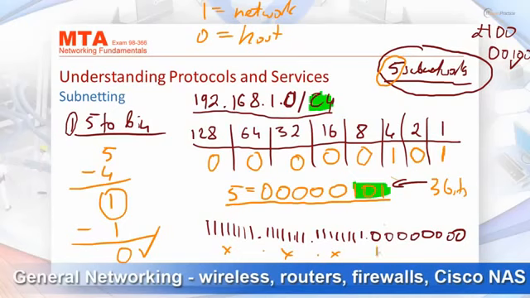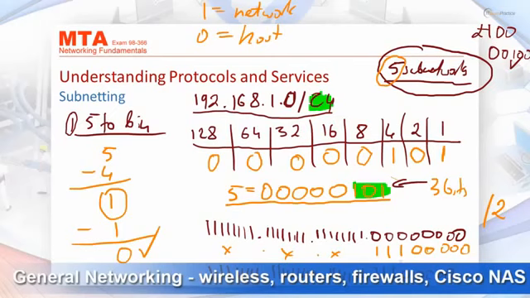How are we going to do that? We'll just do it like this. So the new subnet mask is the first 3 octets, which don't change, all ones, and then 3 ones in the last octet. Now if I ask you to write it like that, what is it? /27.